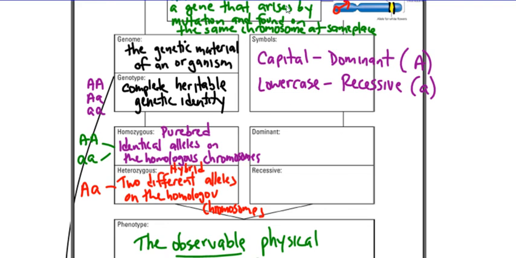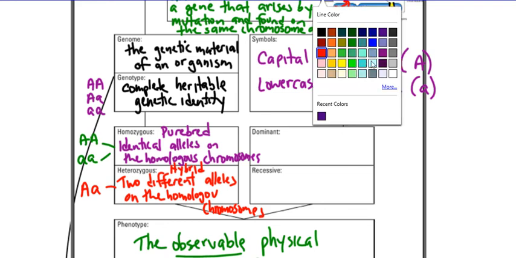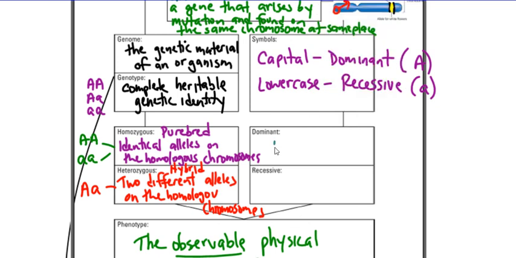Now, when we talk about dominant and recessive, dominant is only expressed when one copy is present. So we would say that there is a dominant phenotype whenever we have two capital letters or one of each.